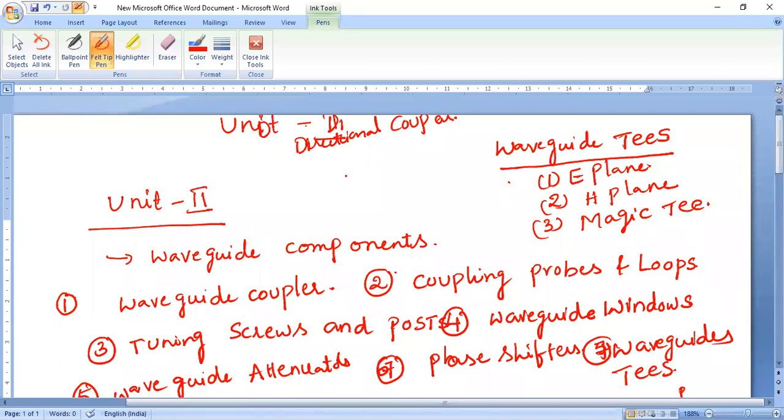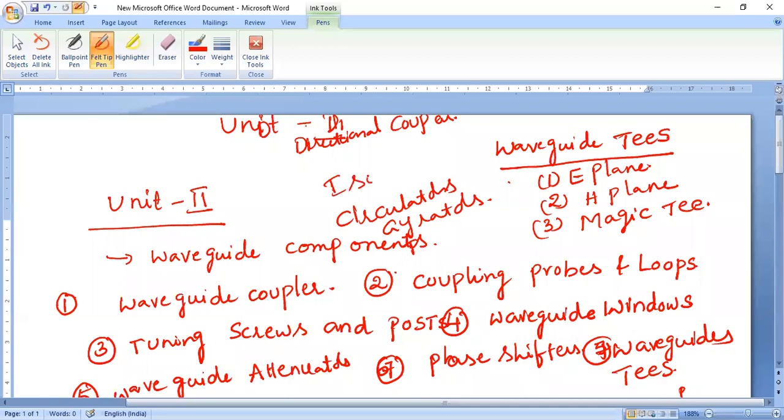Different types of directional couplers are available, and we have circulators, gyrators, isolators.